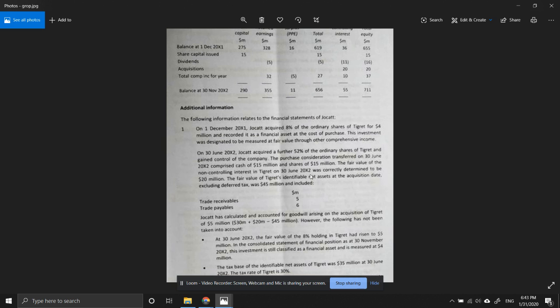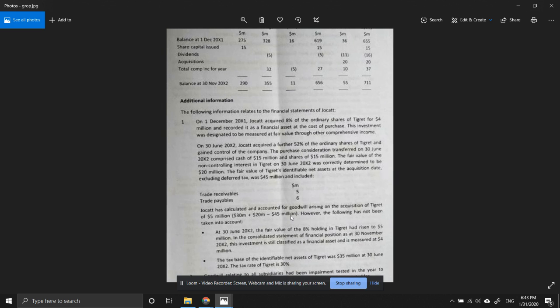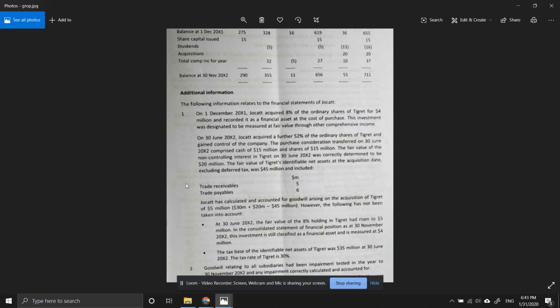So just added this plus 20 minus 45. Okay, so we need to look. However, the following has not been taken into account. Okay, so we need to explain that as well, when they are calculating the goodwill.